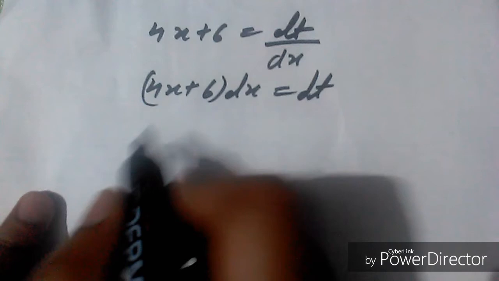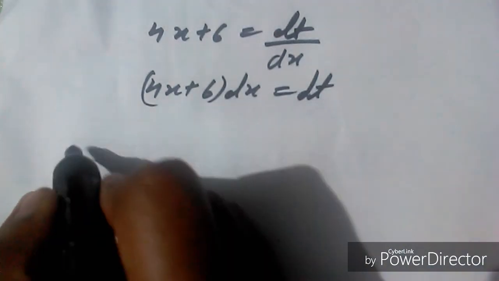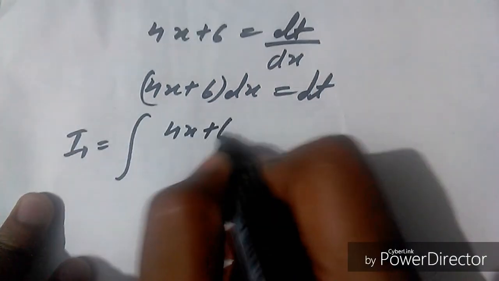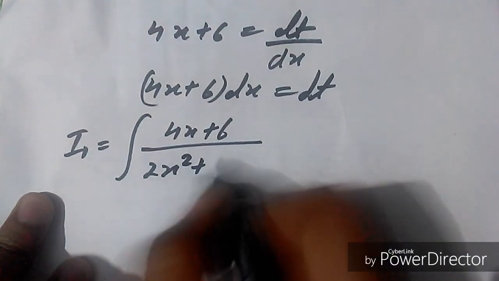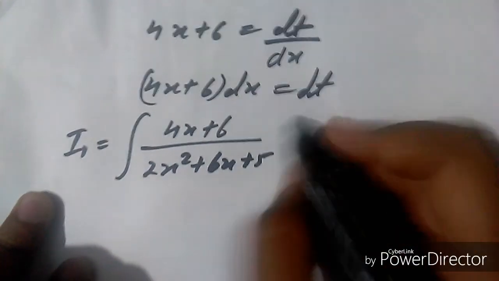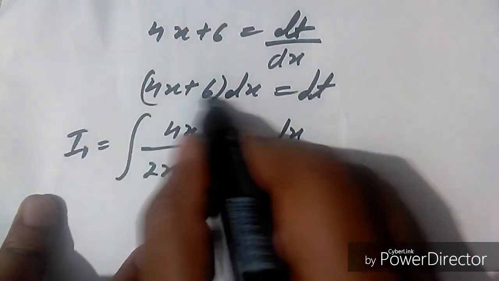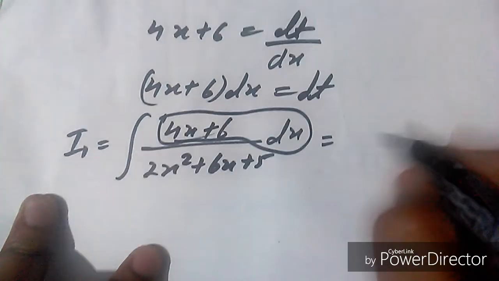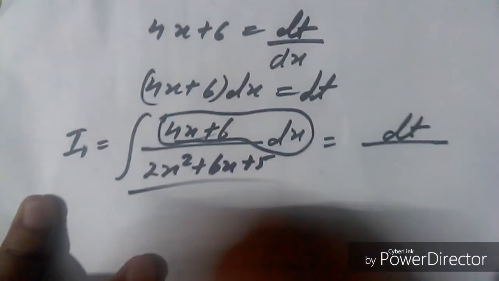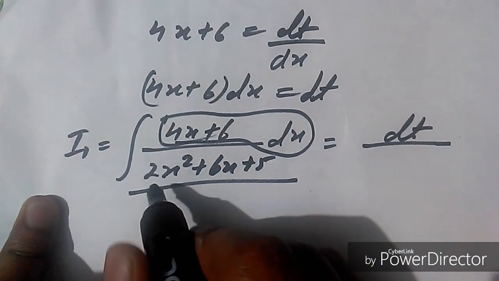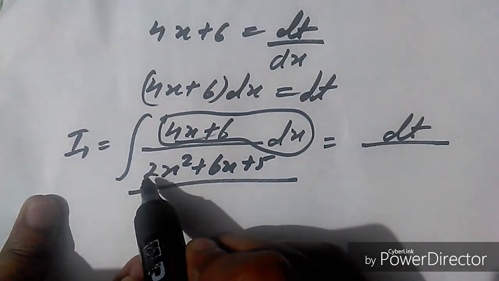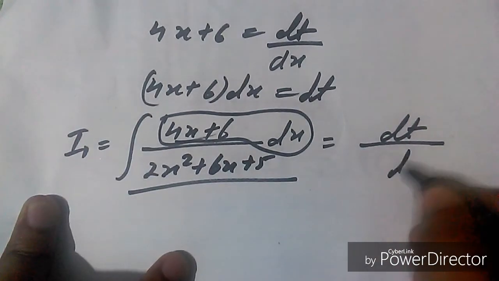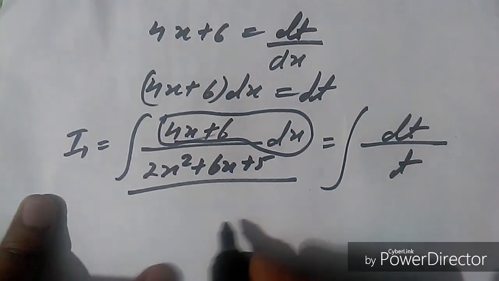Now we put this in the I1 equation, which is integration of (4x plus 6) by (2x square plus 6x plus 5) dx. Since 4x plus 6 dx is equal to dt, and 2x square plus 6x plus 5 is equal to t, we take dt by t. Now we integrate this equation.